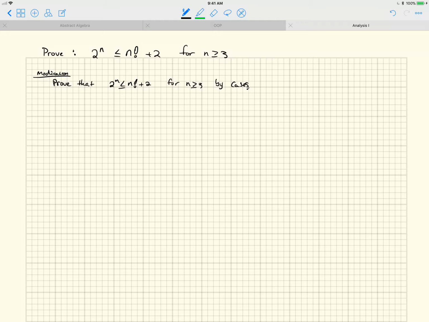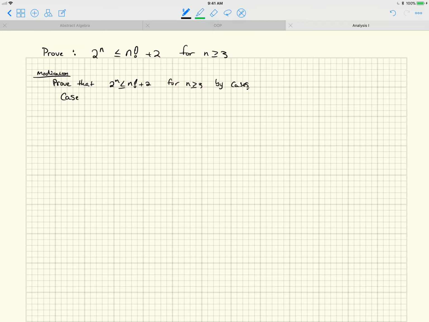Now, what you're probably thinking is that I'm going to sit here till the end of time and record me showing that this statement is true for every single number in the natural numbers, which goes up to infinity, but I'm not. So what I'm going to do is 3 cases, right?